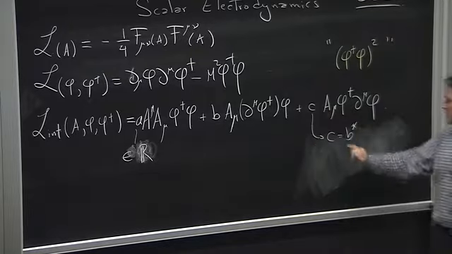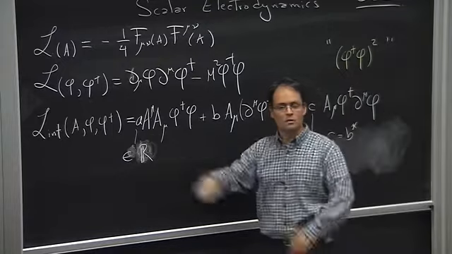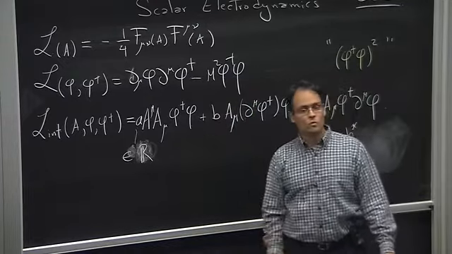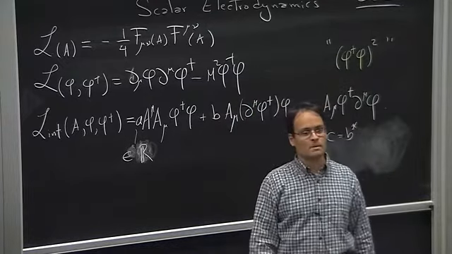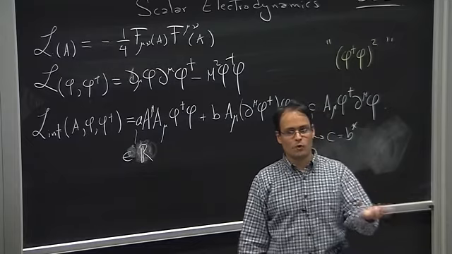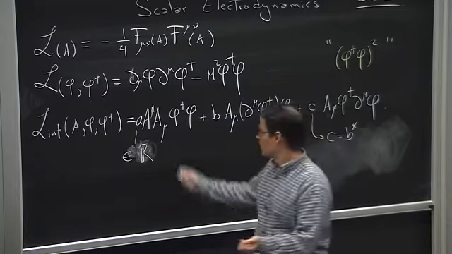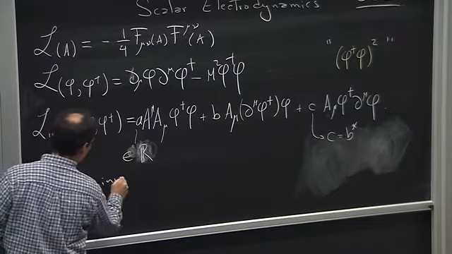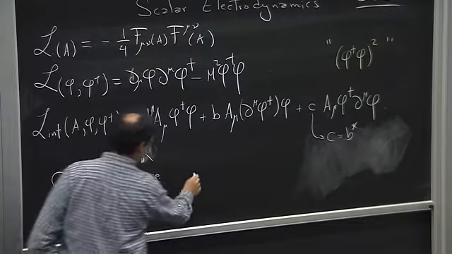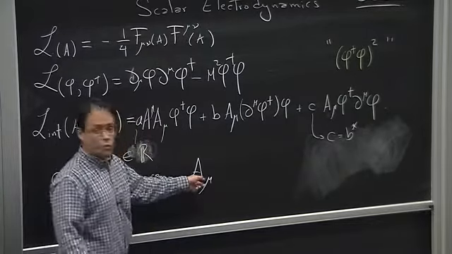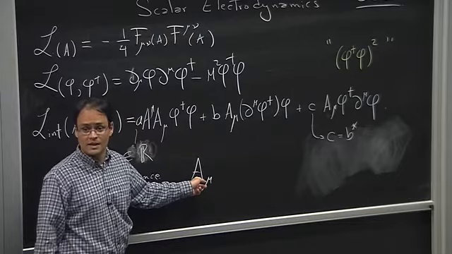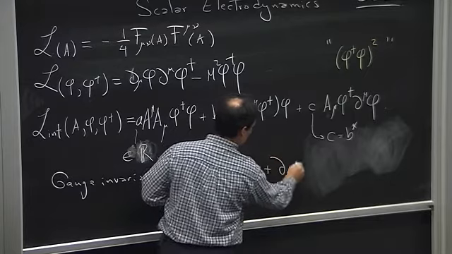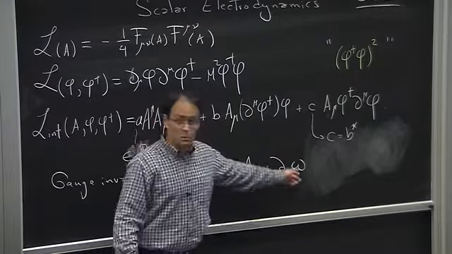So what if we keep B and A completely arbitrary? Okay? This theory will not be gauge invariant, right? What do I mean by gauge invariant here? Well, we have to impose gauge invariance, because we know that this has too many degrees of freedom. So we need a redundancy by this much.